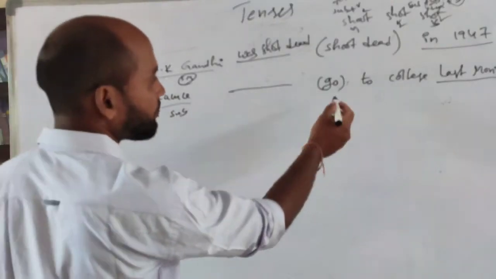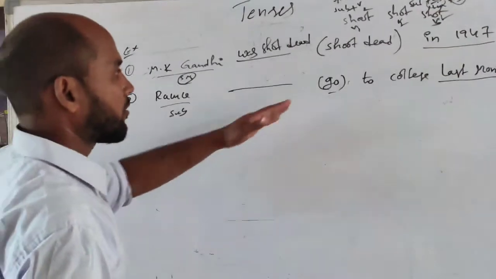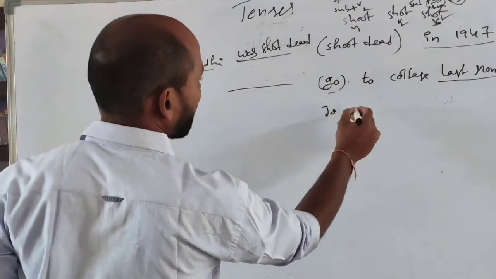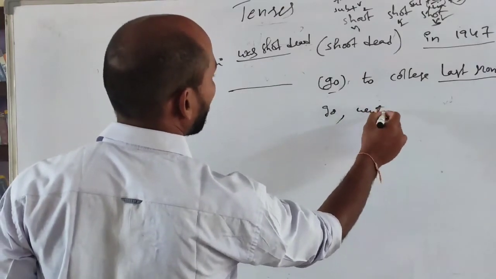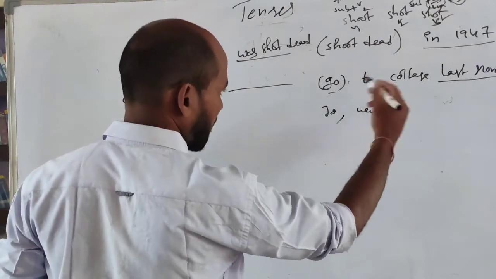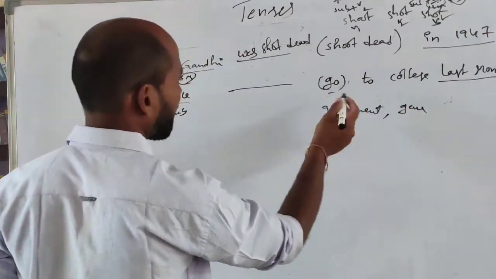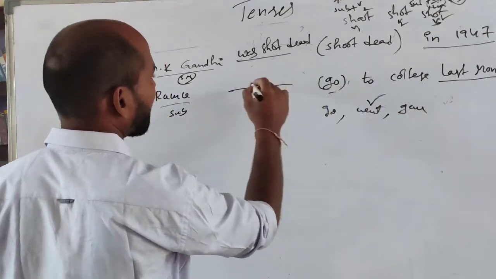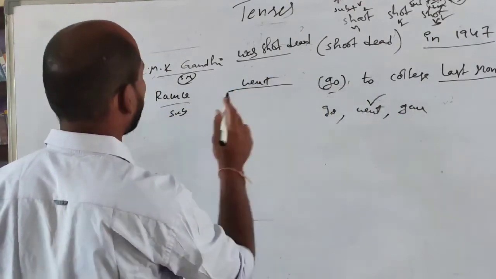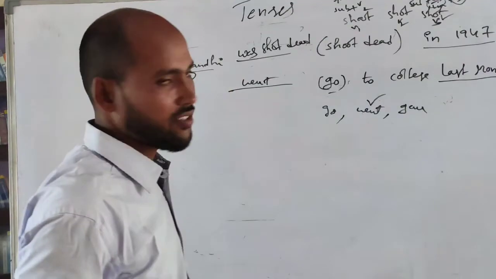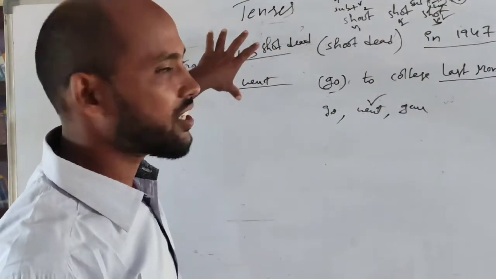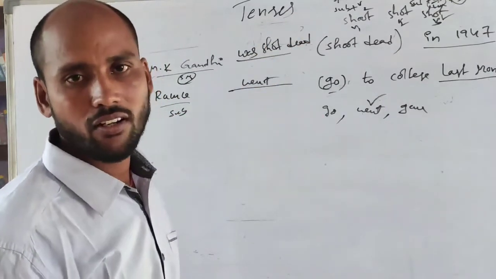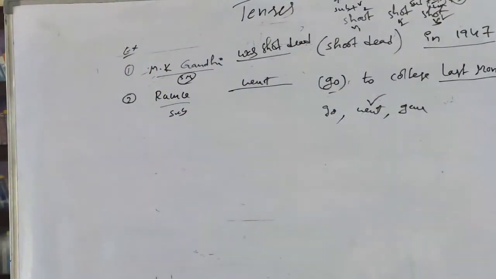Then go is the present tense, past tense is went, past participle V3 is gone. Here we write the simple past tense, so we write went. Ramu went to college last month. Those are the examples to understand the simple past tense.